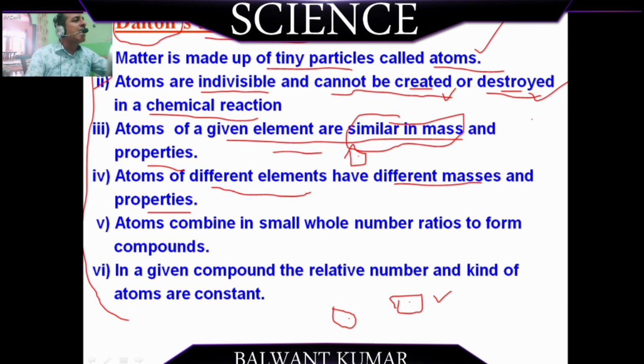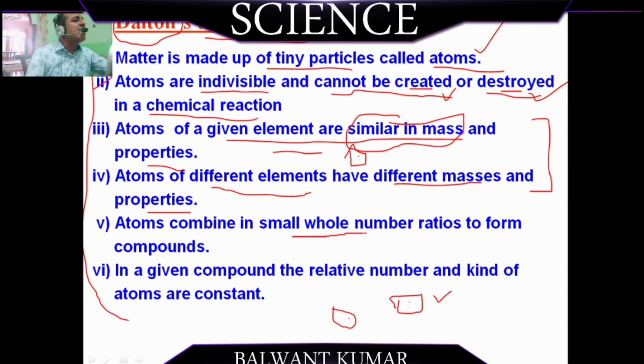Here also, exceptions are available against these two postulates. At a later stage of this lesson, we'll study what the exceptions to these two postulates are. But till then, you can consider them as Dalton's atomic theory. For many years, scientists believed that the information provided by Dalton was absolutely right.